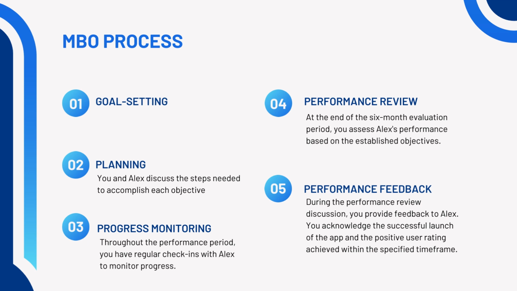Then performance review. At the end of the 6-month evaluation period, you now assess Alex's performance based on the established objectives. You review objective outcomes such as the successful launch of the mobile app, the user rating, and even the effectiveness of the collaboration with other teams.